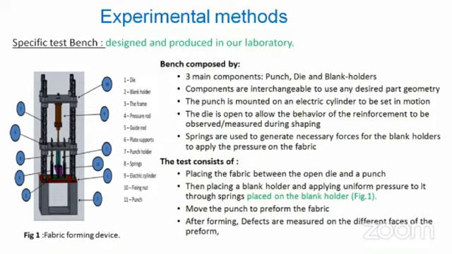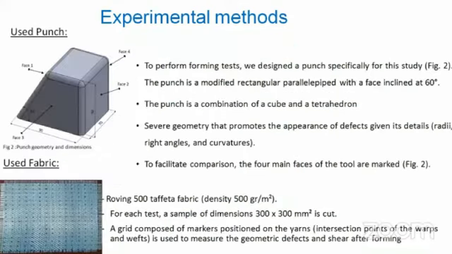In the picture, we have the fabric forming device designed and produced in our laboratory. So, to perform the forming tests, we designed a bench specifically for this study. Figure 2 shows the punch geometry used and its dimensions.